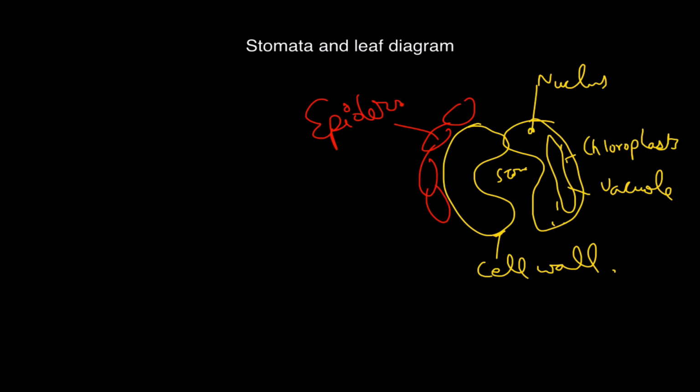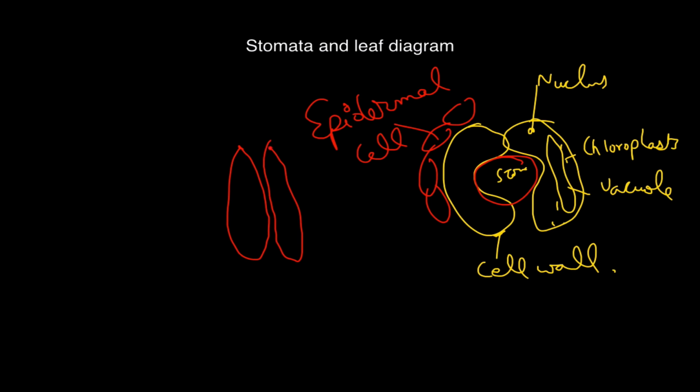Is that understood? Please remember this diagram, it might come in the exam, especially the term guard cell can be asked. But anyway, this is more or less complete. So this opening is called the stoma. In the usual case, they are closed like this. This is the thick cell wall and the structure remains the same. And in case of open, it is the stoma.